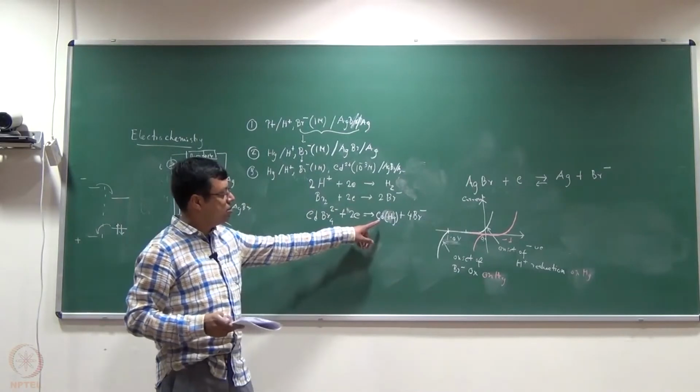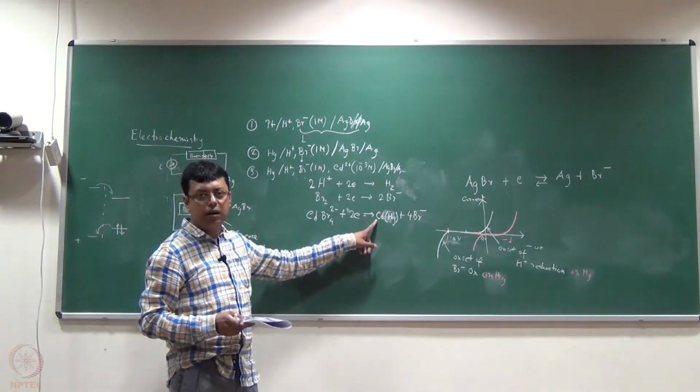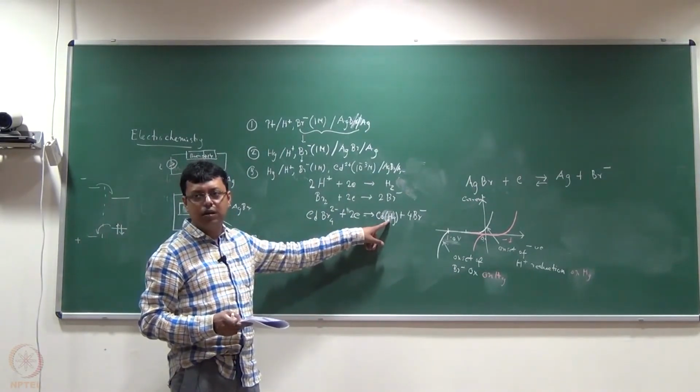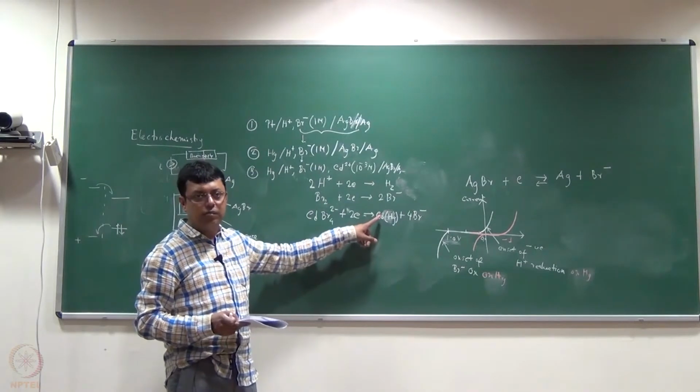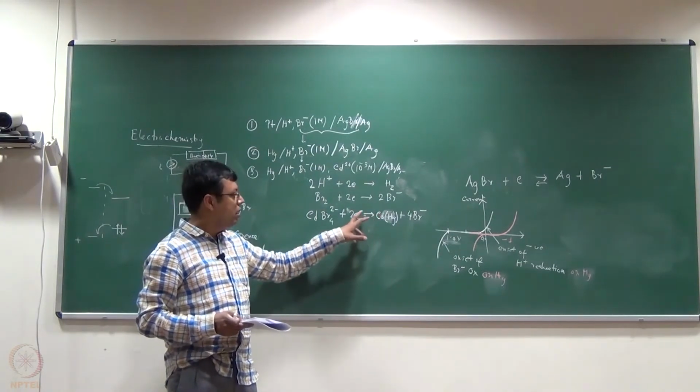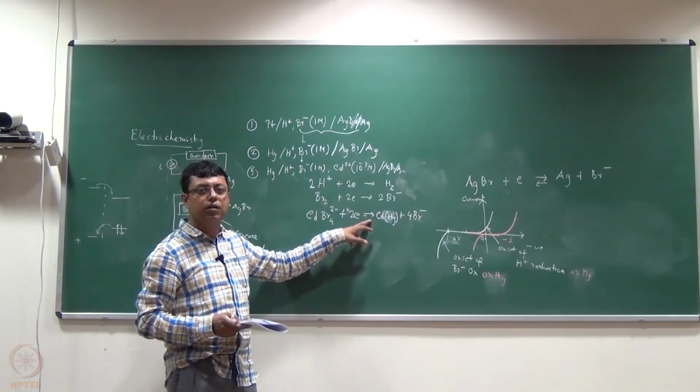Once this Cd is formed, in the presence of mercury it gets dissolved in the mercury. It forms an amalgam, the metallic Cd. Now I will have another redox couple.